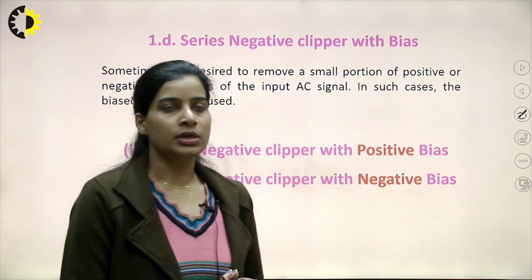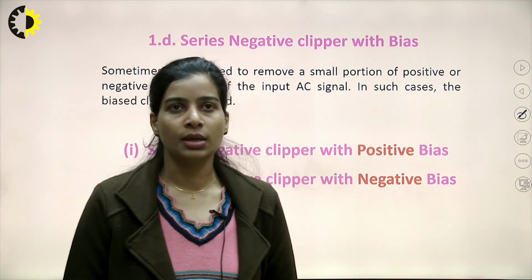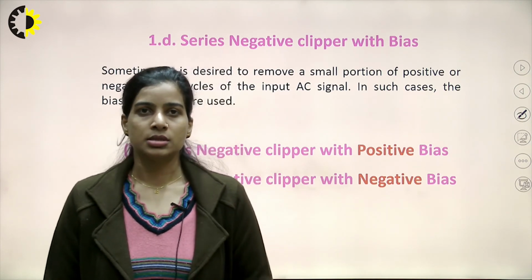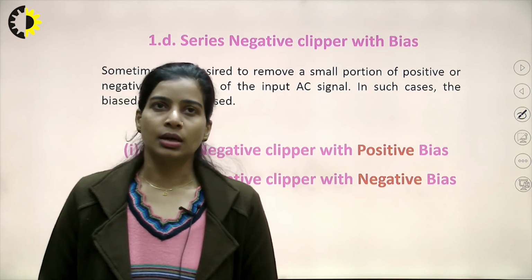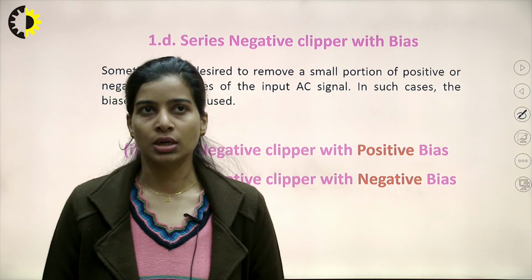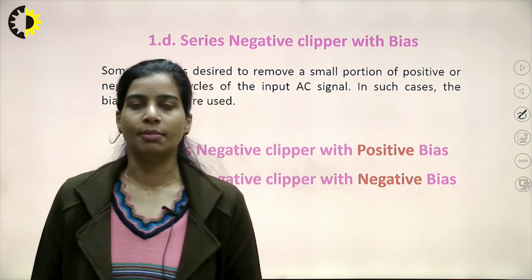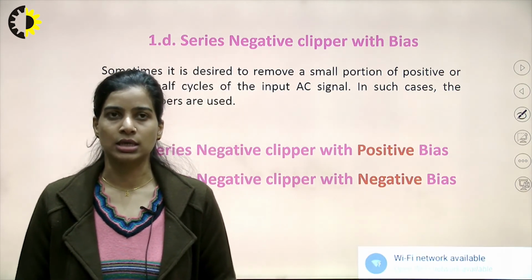Similar to the series positive clipper, we have the series negative clipper in which we can clip off some portion of the waveform by applying biasing to the system.